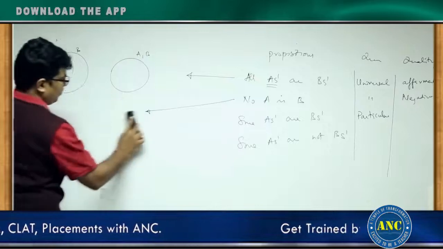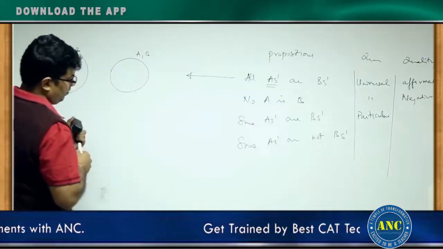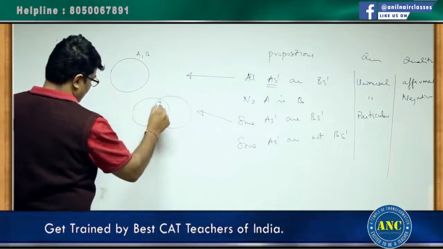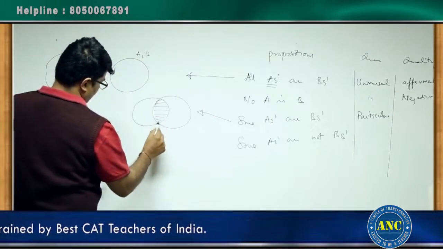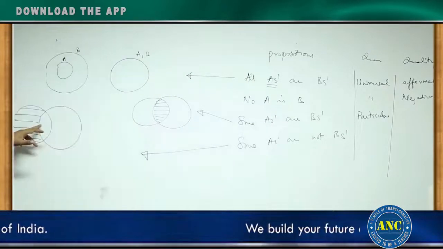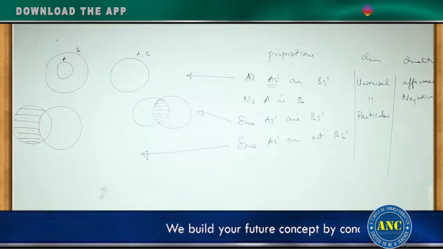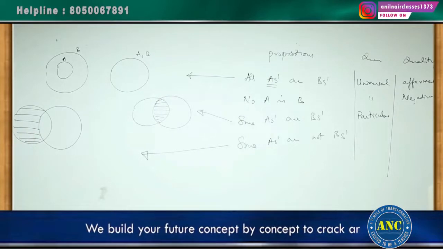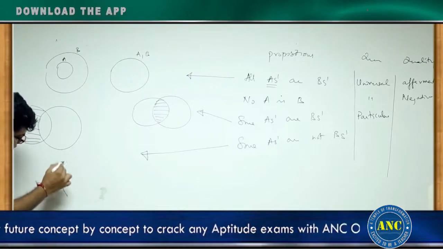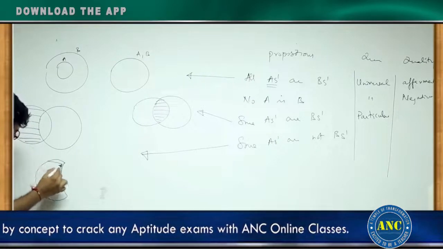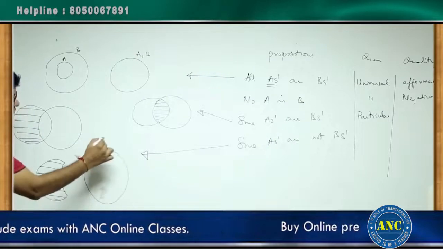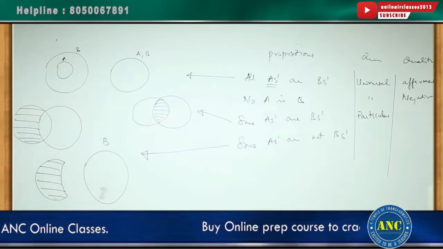Just shade it. Yeah, everyone look here now. That's the reason for some A's are not B's. The best way to draw some A's are not B's is this, maybe what you drew is right too.